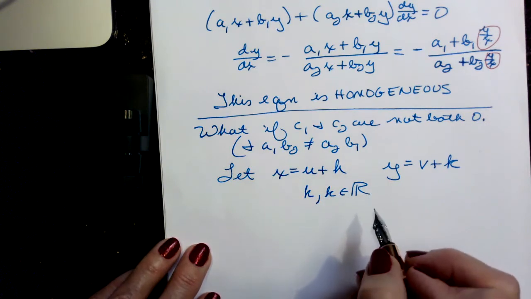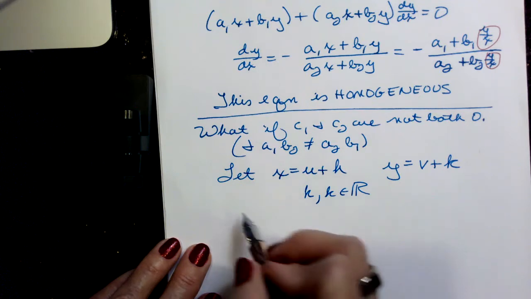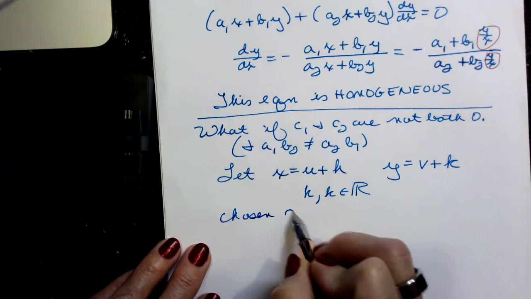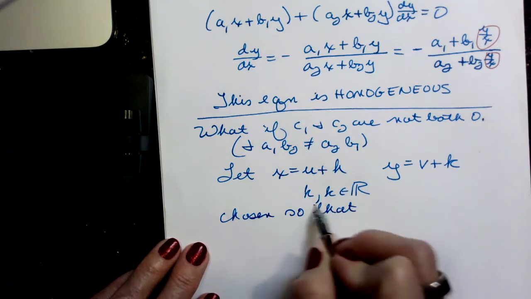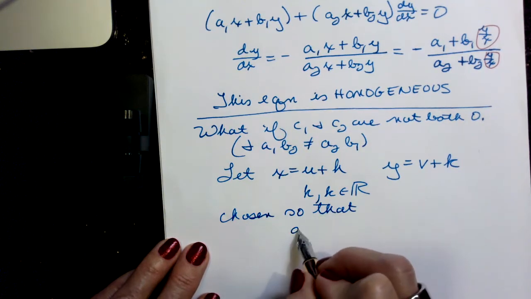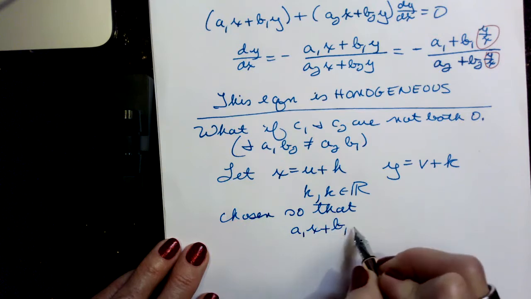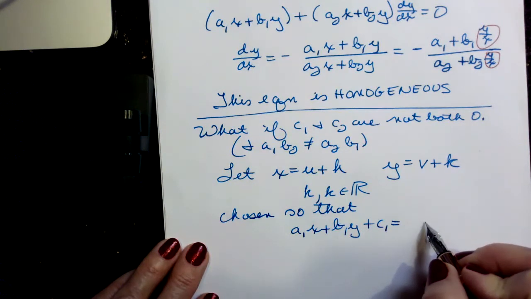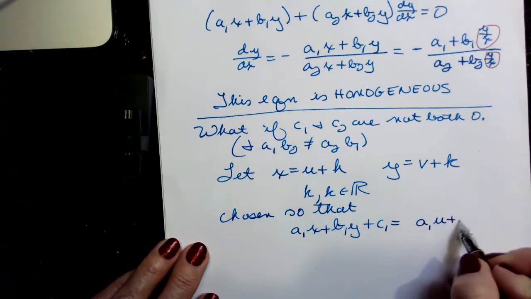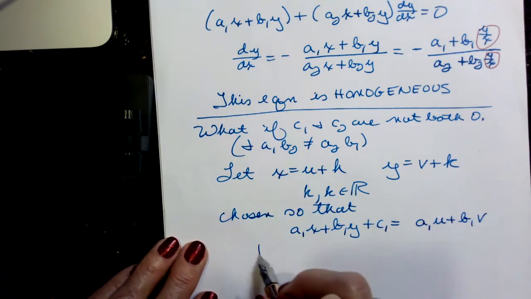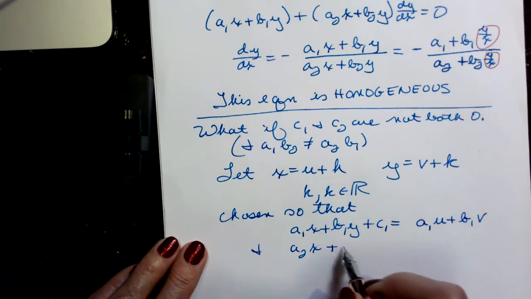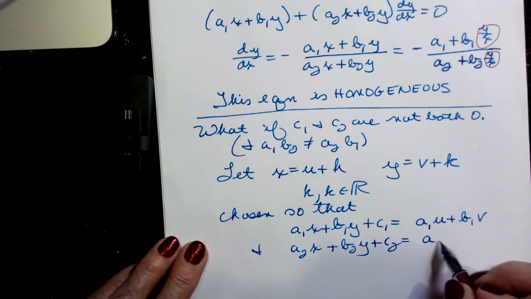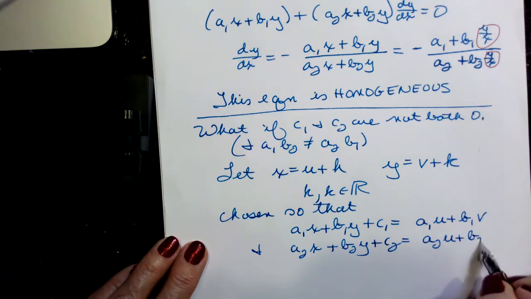We want to find h and k, constants chosen so that a1x plus b1y plus c1 equals a1u plus b1v, and a2x plus b2y plus c2 is equal to a2u plus b2v.